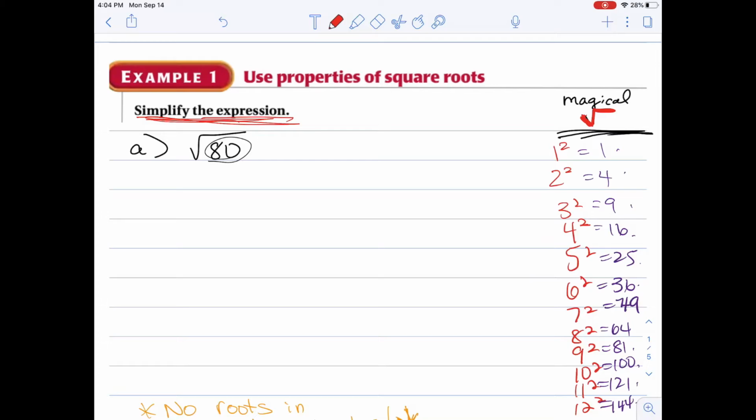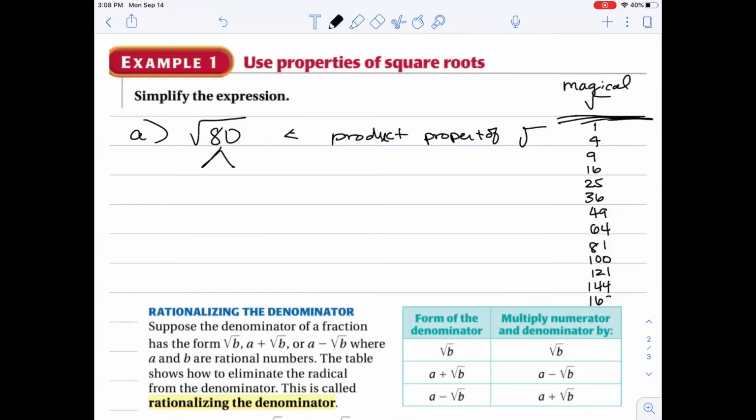So when we're simplifying a square root, we're going to look for which of these numbers here are going to work for us. And 169. These magical perfect roots are basically the values of these whole numbers squared.